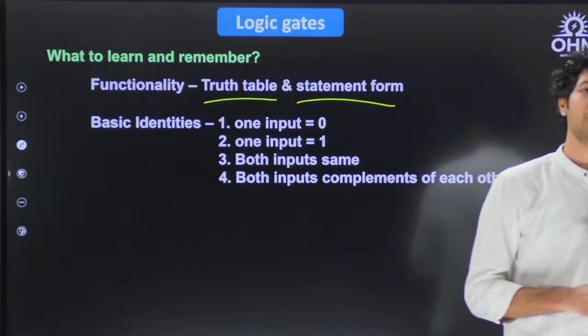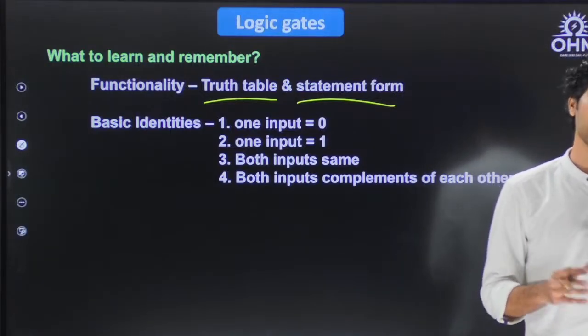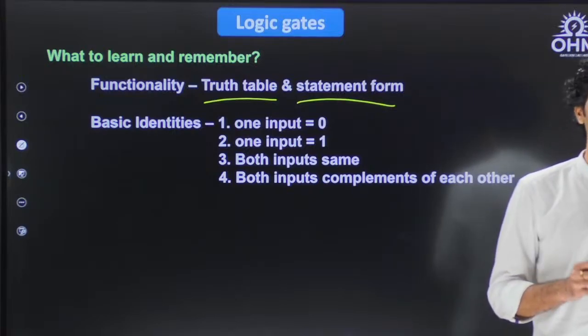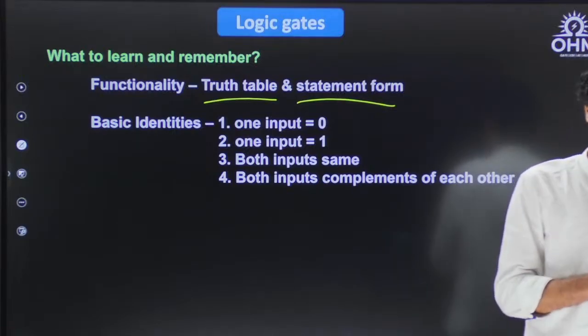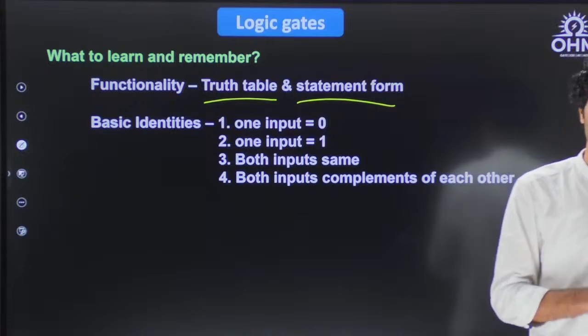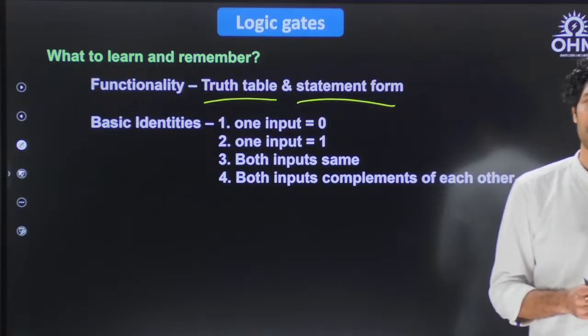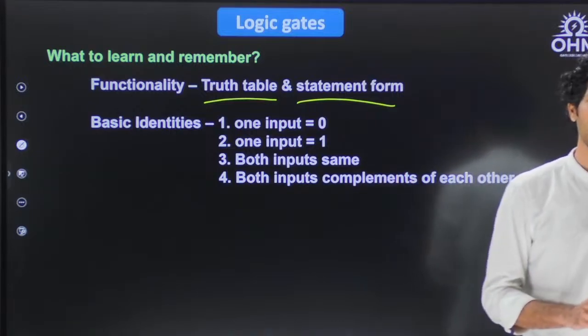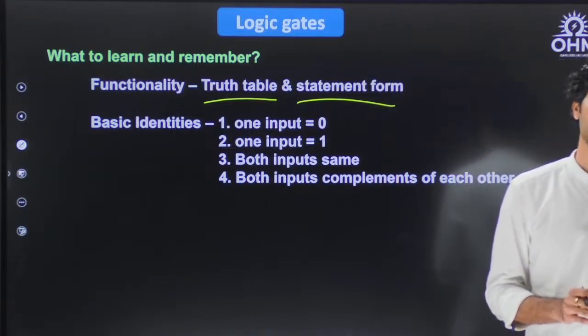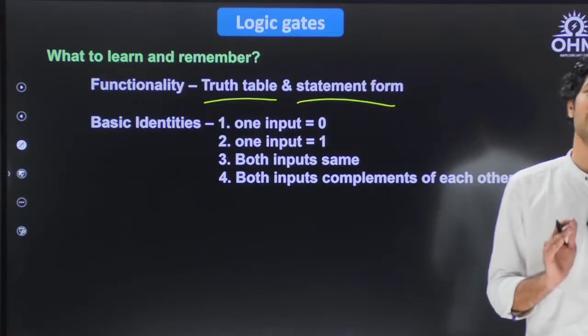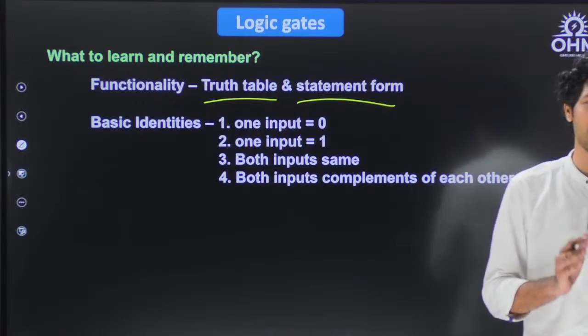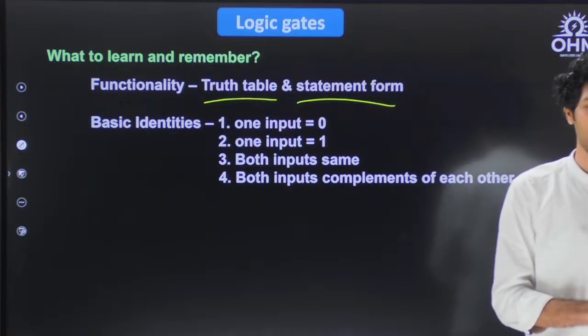The next topic is basic identities. For every logic gate you have to know what will happen whenever one of the inputs is 1, one of the inputs is 0, when both inputs are the same and when both inputs are complements of each other. We can call them basic identities. We have had questions based purely on basic identities also. Nevertheless, we have got those questions in the computer science branch in previous years.